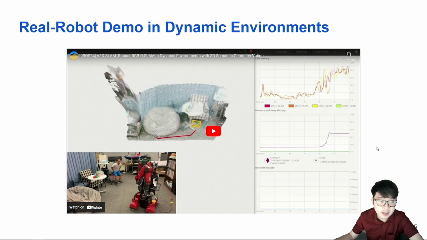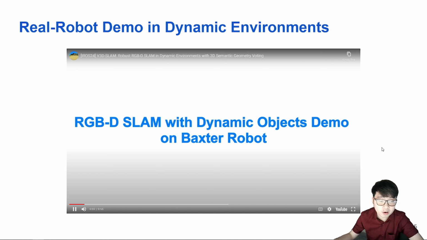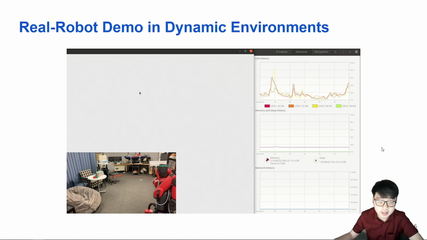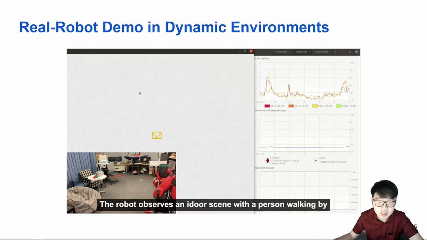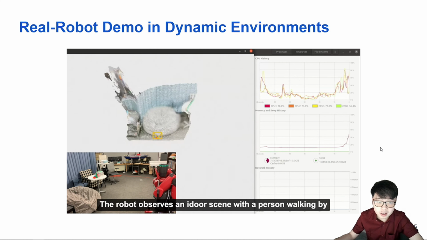To verify the robustness and correctness of our technique in the real world on a real robot, we have a demo here of the robot moving in an indoor environment while a person is walking by in front of its perception.